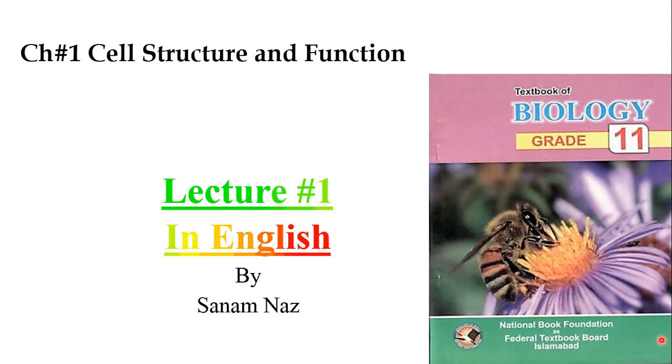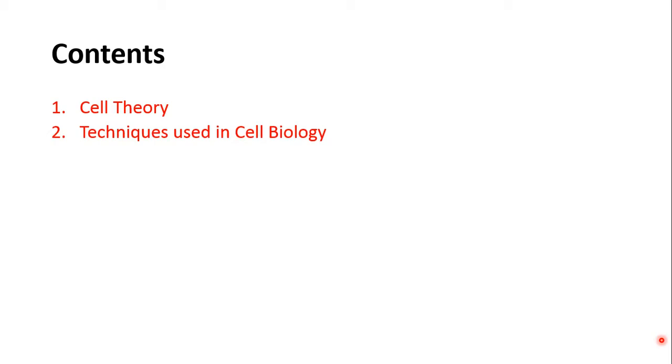In this lecture we are going to start our first chapter, that is cell structure and function. Before starting this chapter, first of all we will check the contents of chapter 1. First is cell theory, second is techniques used in cell biology.